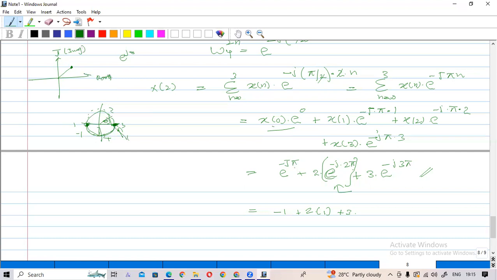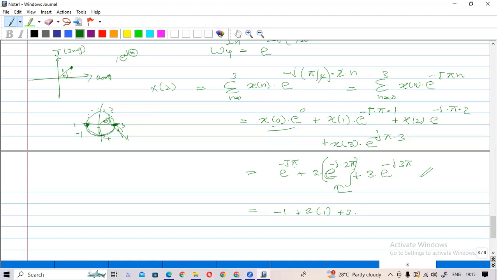The x-axis is the real axis and the y-axis is the j-axis. So you can represent e^(jθ) like this. What is the phase of this number? That is theta. The magnitude is 1, so the length will be 1.